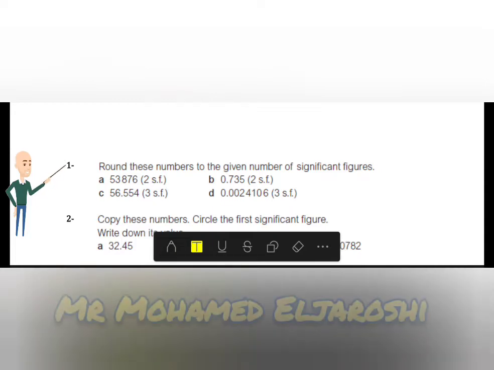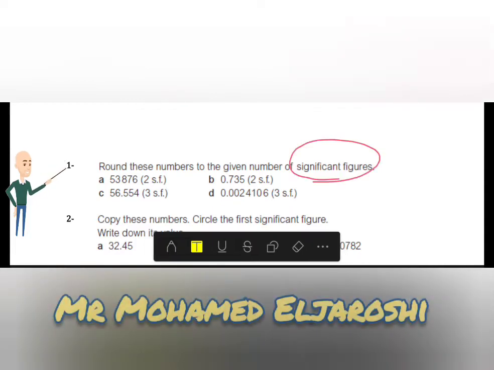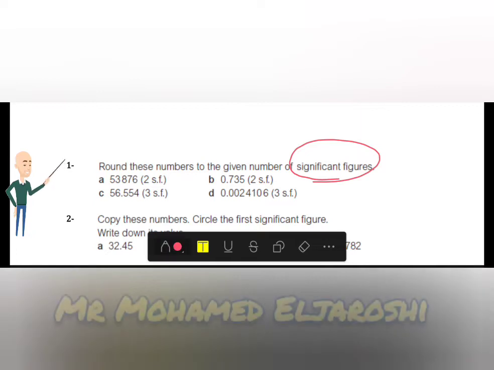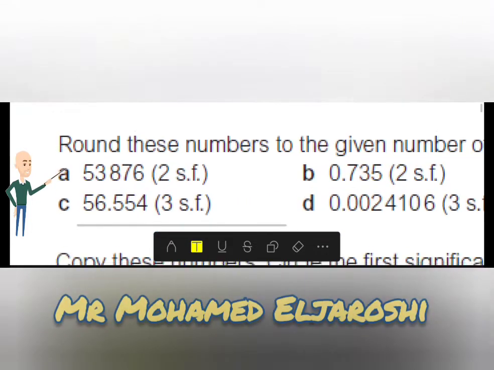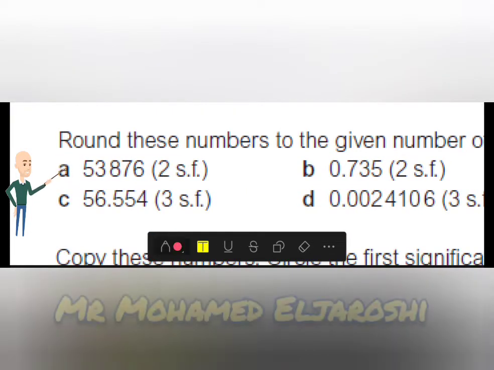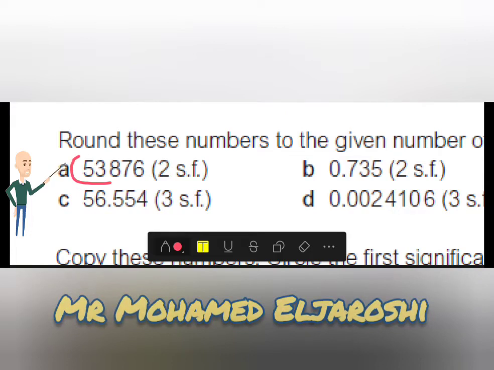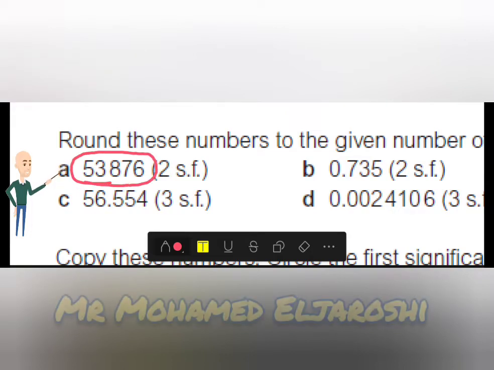Now you need to understand what's the meaning of significant figures. Significant figures means numbers. Good. So when we take a look at the questions here, for example, A, we have 53,876.